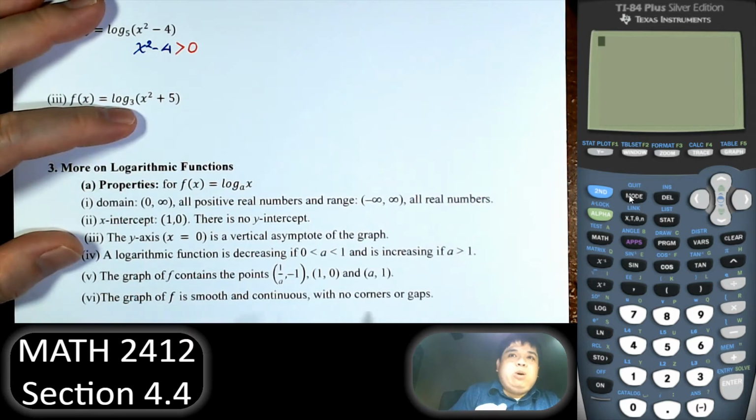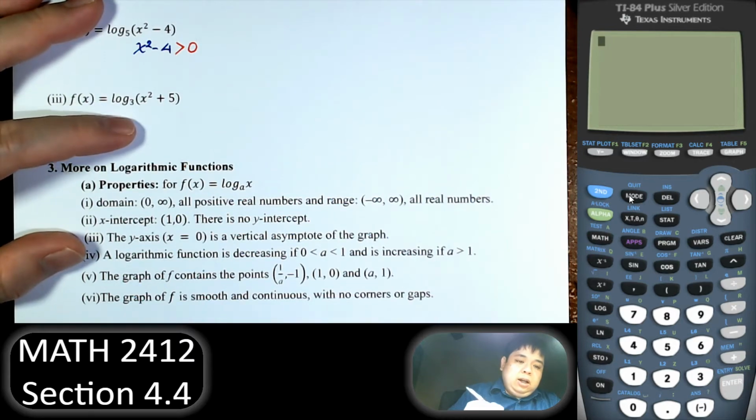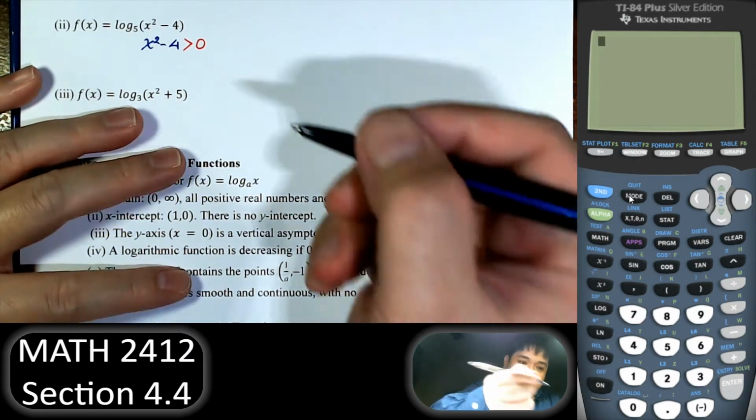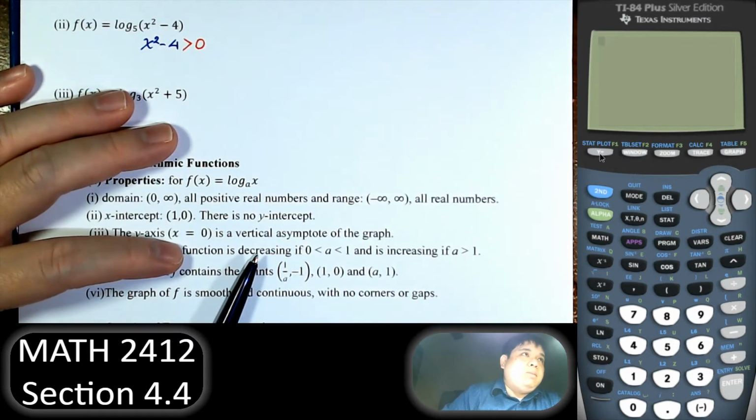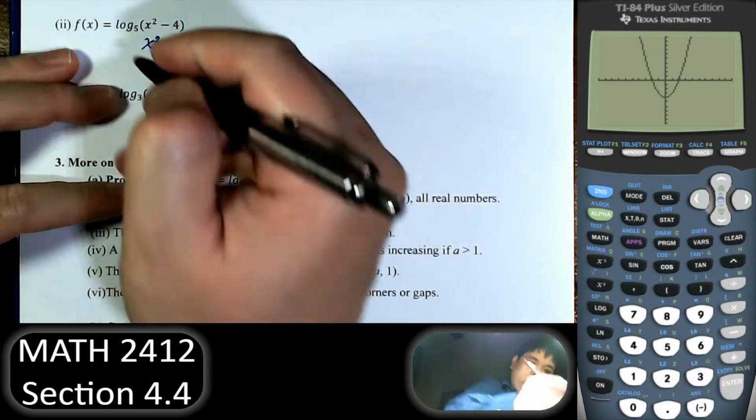Now x squared minus 4, it's a little more difficult here. Let's look at the graph of x squared minus 4. We see that it goes through -2 and 2, those are the intercepts.